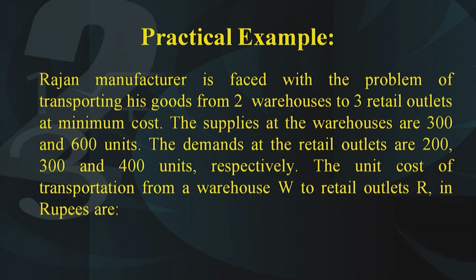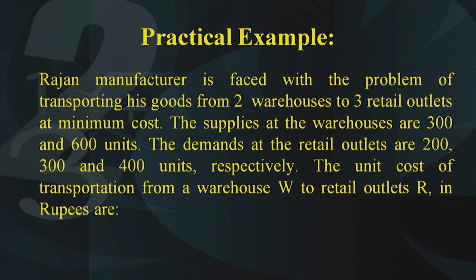The supplies at the warehouses are given to be 300 and 600 units. Also, the demands at the retail outlets are given to be 200, 300 and 400 units respectively.